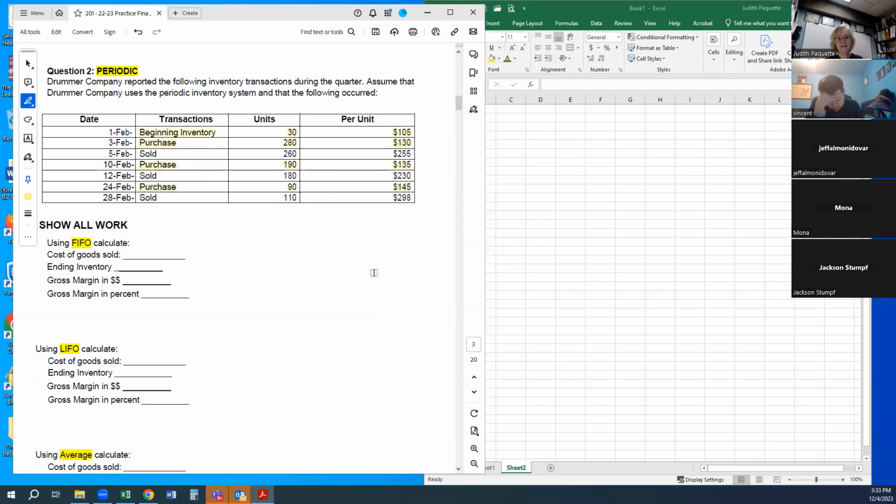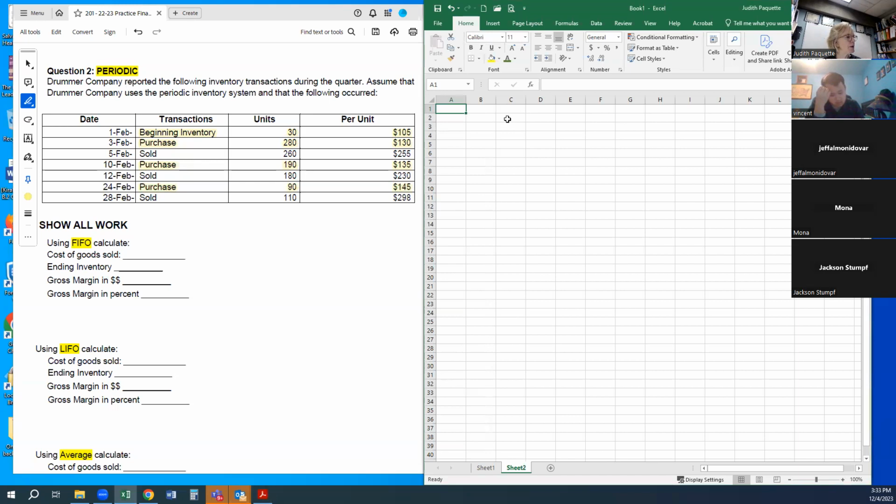The selling price, you need to get total sales, but you don't use it to calculate FIFO, LIFO, and average cost. So we want to quickly figure out units, cost per unit, and then extended cost.